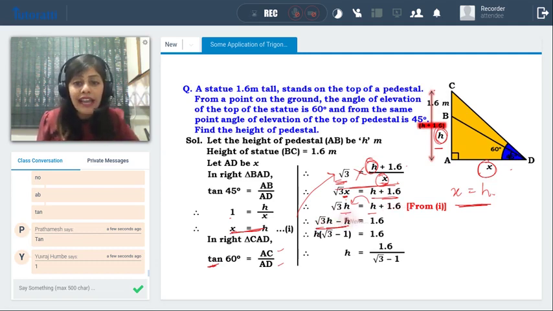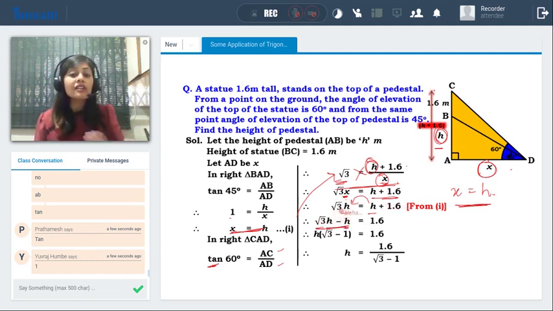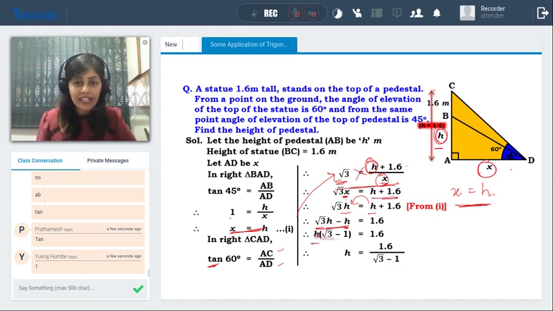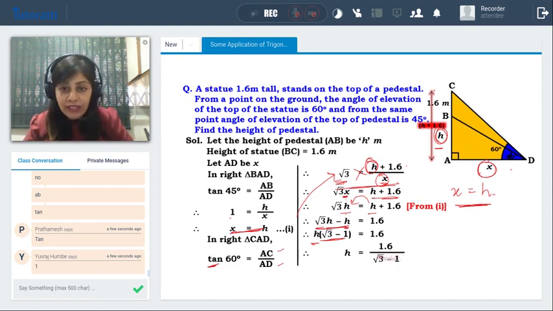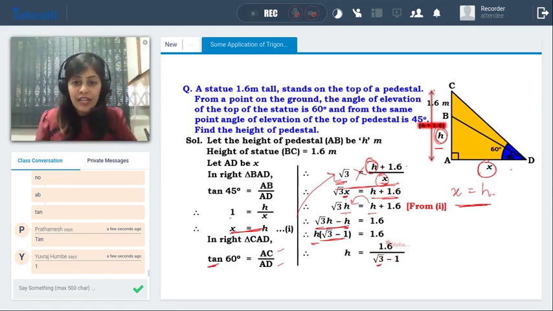Now, if you pay attention, root 3 H minus 1 H, directly you cannot subtract. So let's try to take H common, right? That's the place where taking common helps. We took H common. What remains inside is root 3 minus 1. So H is 1.6 upon root 3 minus 1. Multiplication becomes division. Now, pay attention. If you substitute root 3 minus 1 out here, let me tell you what happens.